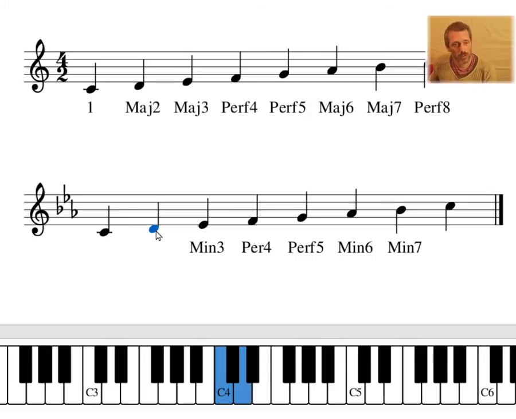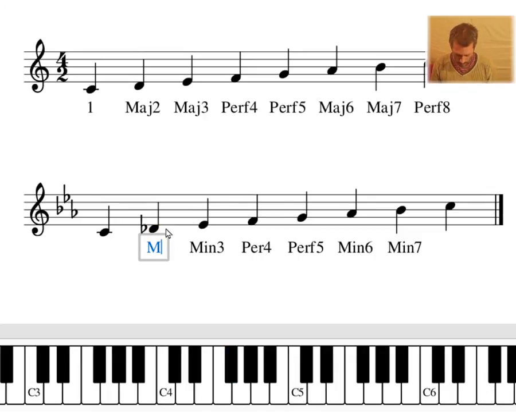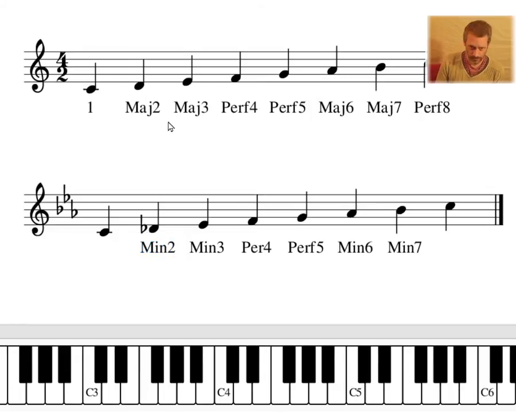And a D natural, that interval is always going to be a major second, whether it occurs in the major scale or the minor scale. But we do have a minor second, which would be a D flat. So that's a little bit strange, and as I say, I can't really think of a good reason for it. If anyone does happen to know, then please do tell me.